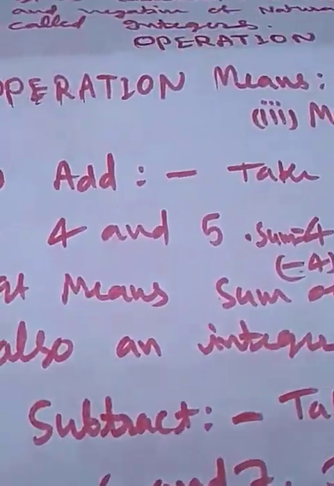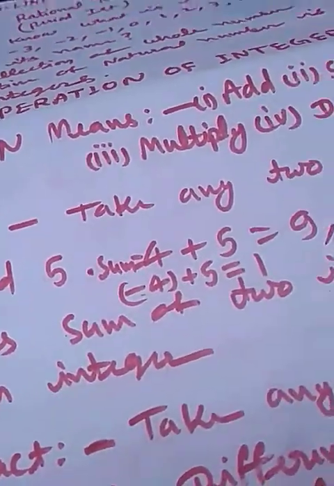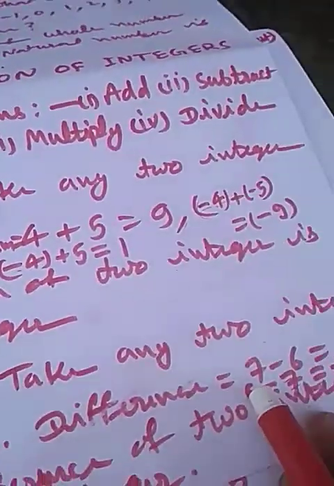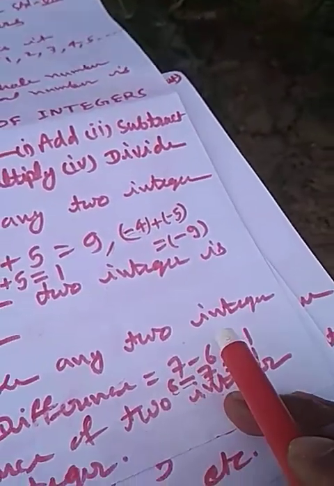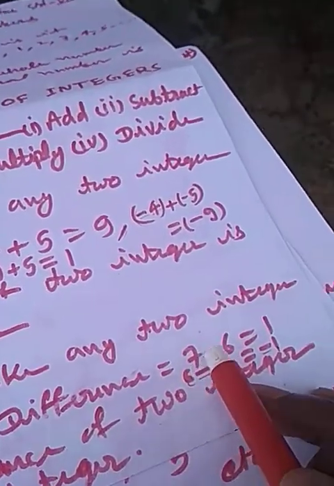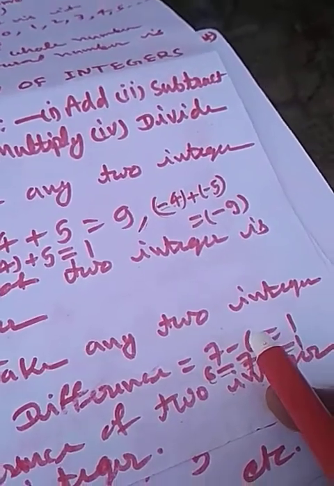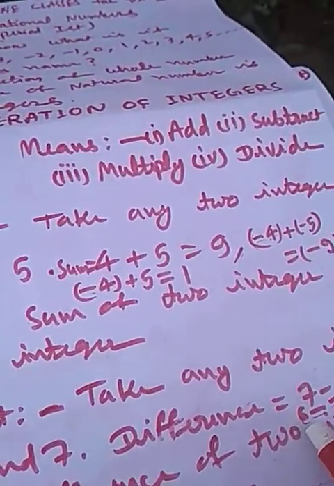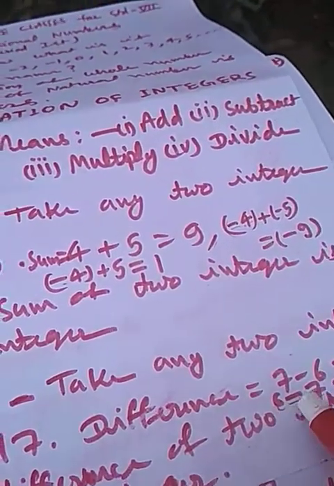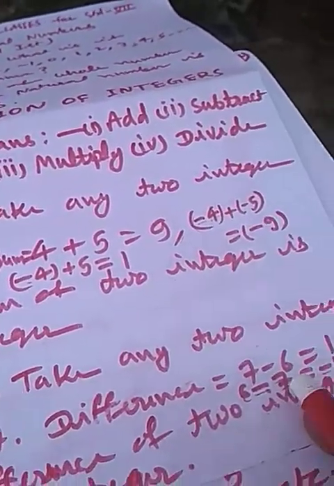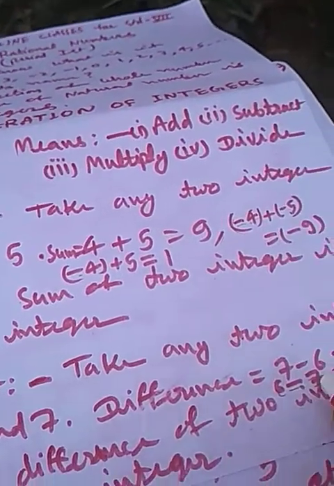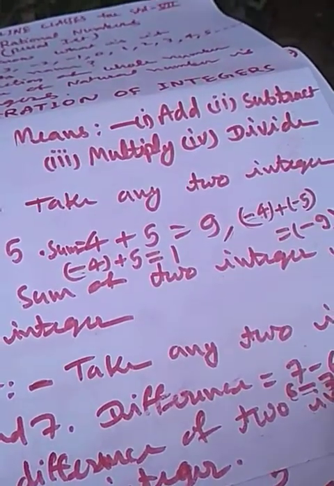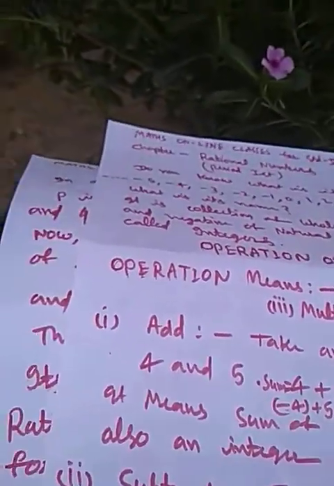Find the difference of the 2 integers. 7 minus 6 is equal to 1, so the difference of the 2 integers is also an integer. And when we find the difference 6 minus 7, that is equal to -1, that is also an integer. It means when we find the difference of any 2 integers, that is also an integer.